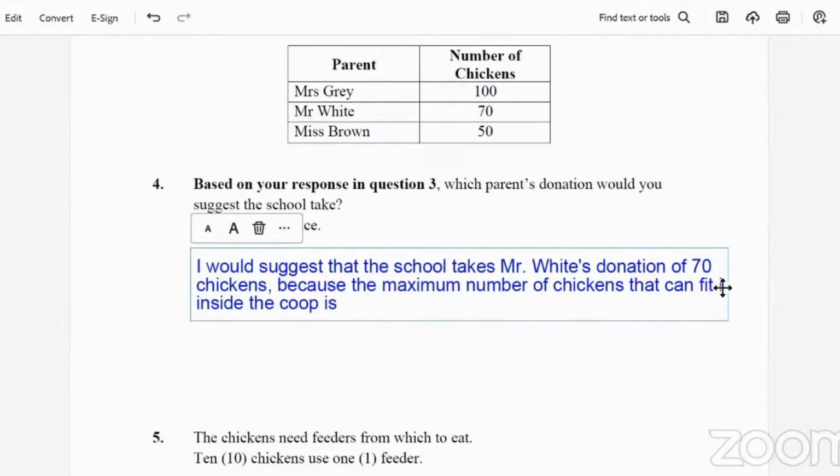All right, do some corrections here, guys.